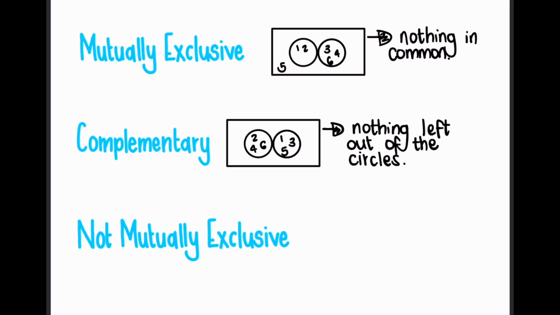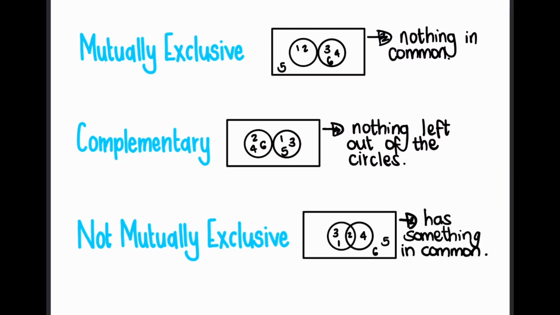And a not mutually exclusive event means that there is something in common. So you can see over here, I'm coloring it in purple. This not mutually exclusive event has something in common in that it's a 2 in this instance.